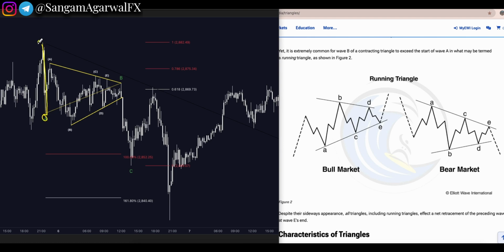With wave A and wave B, we get the projected level for wave C. 100% is always the minimum. This is the first target. But when the ABC wave completes, price goes down in C wave, makes a new low, and kills all the buyers in the triangle pattern.